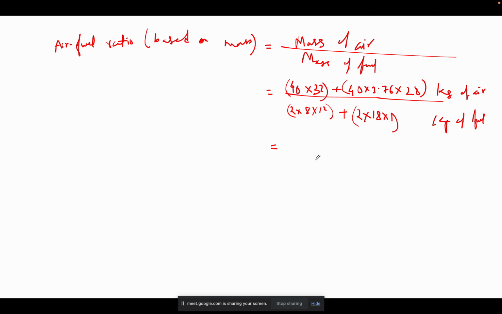Is clear, everyone? So the air fuel ratio is 24.08 kg of air by kg of fuel. Okay.